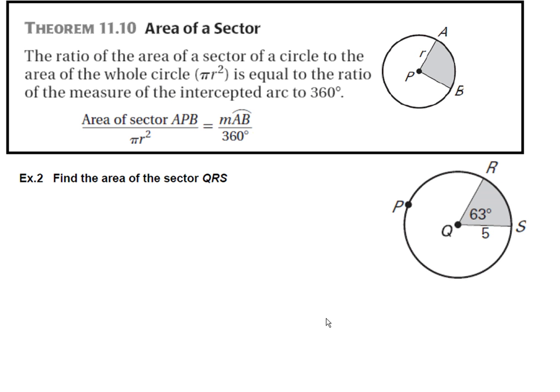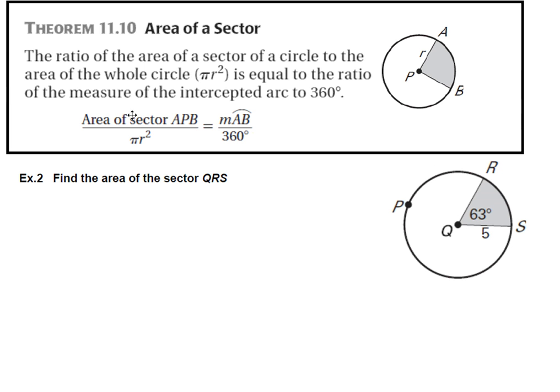Okay, so on to the main thing that we're talking about today, which is finding the area of a sector. This is kind of like the last lesson that we did back on Tuesday, where we found the length of an arc. What we did is we compared the length of the arc to the whole length of the circle, meaning the circumference, and then the degrees of the arc to the whole degrees of the circle, which is 360.